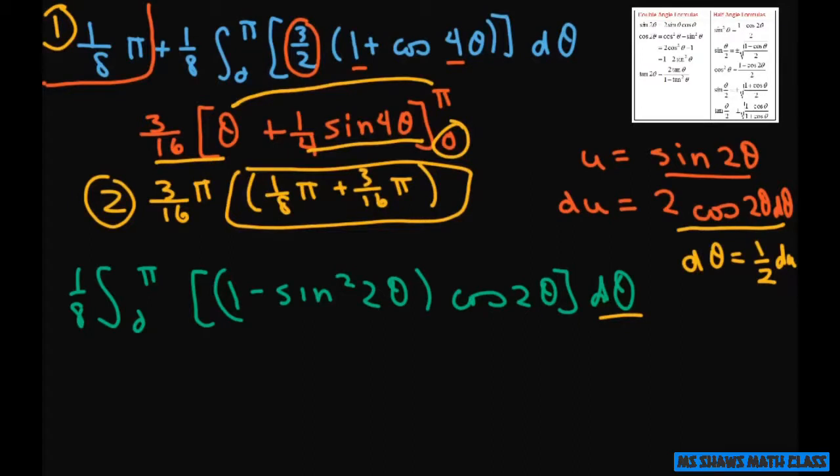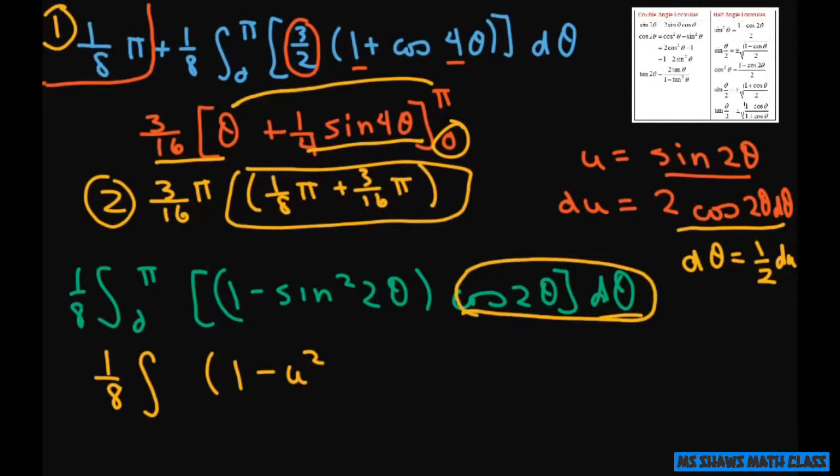All right. So now let's finally integrate this. So when we do that, we're going to get 1/8, I'm going to leave this blank for now, 1 minus u squared. Now remember, this whole thing here equals, because all you're going to do is divide both sides by 2, this whole part is just going to be 1/2 du.